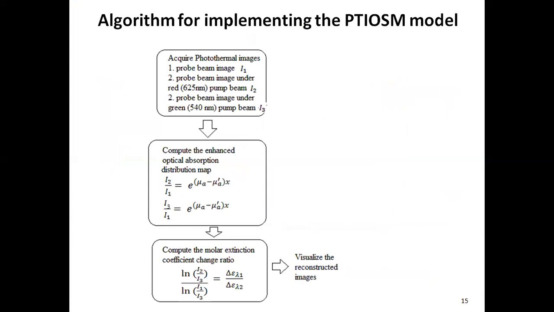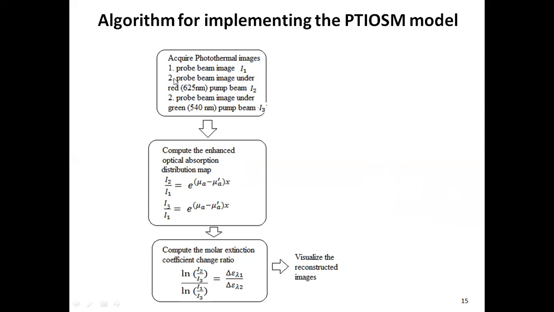So how do we implement this model? We have developed an algorithm for implementing the model, especially in microscopy imaging. That is done first by illuminating the sample with a probe beam and acquiring an image, call it I1.